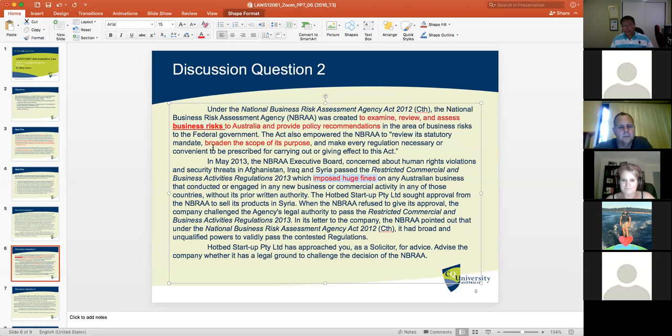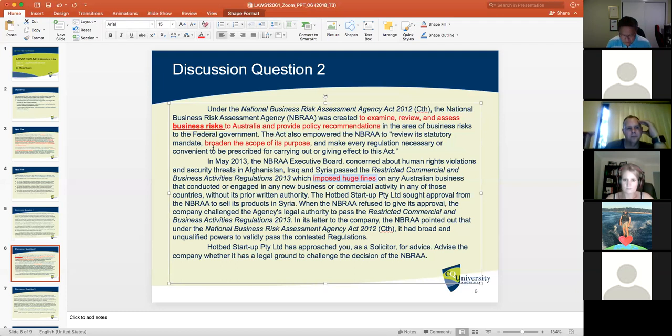Or even if the executive decision, for example, is authorized by an executive regulation, the question then is, would the regulation passed by the executive be consistent with the main legislation that authorized the making of the regulation? So these are relevant questions that always need to be asked.